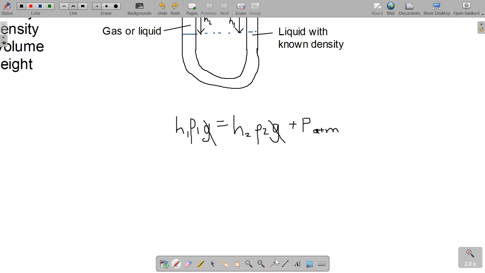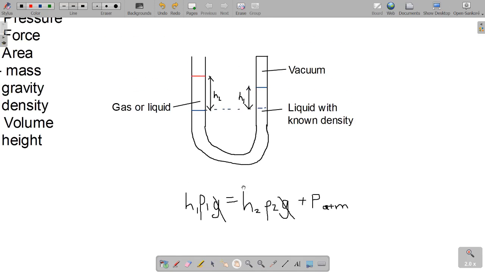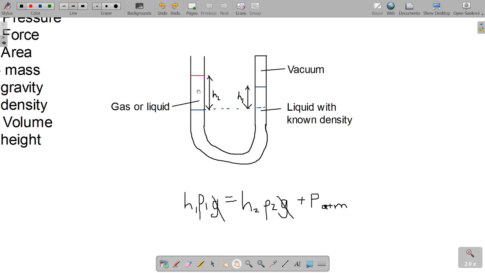Yeah. So here at this level, there's not only the volume of the red liquid acting here, there's atmospheric pressure also acting.